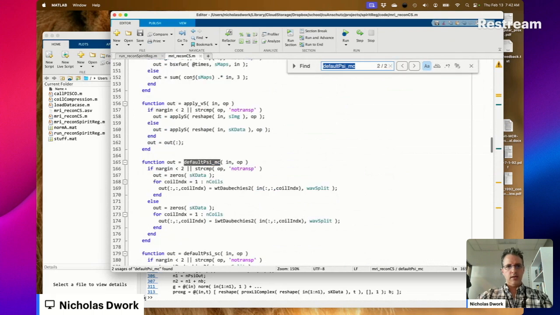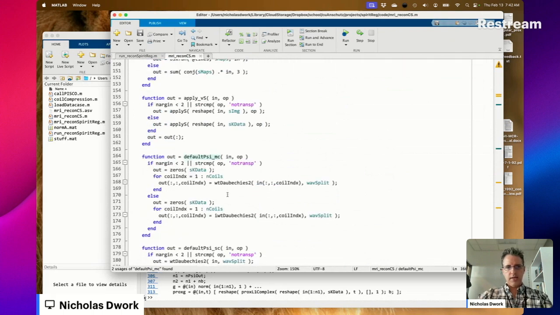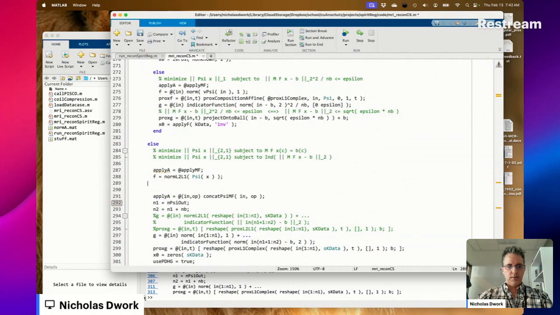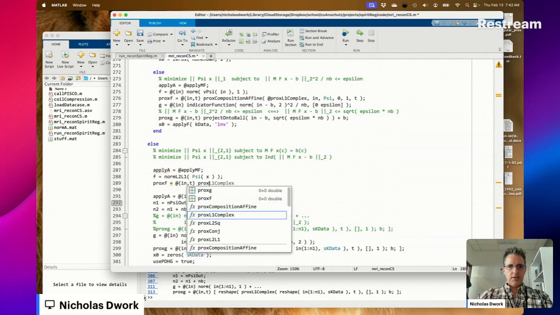What is this? Okay, no, we've got it. So what's the prox? Prox F is equal to prox L2, L1.